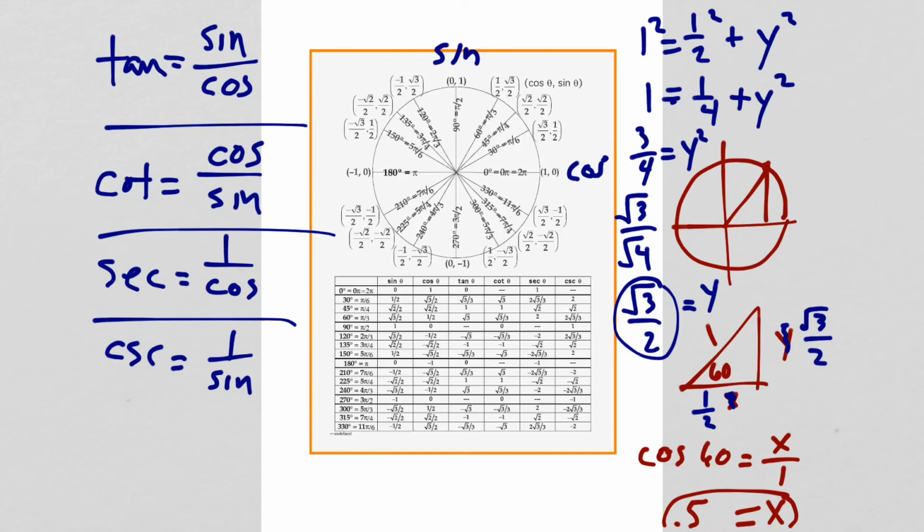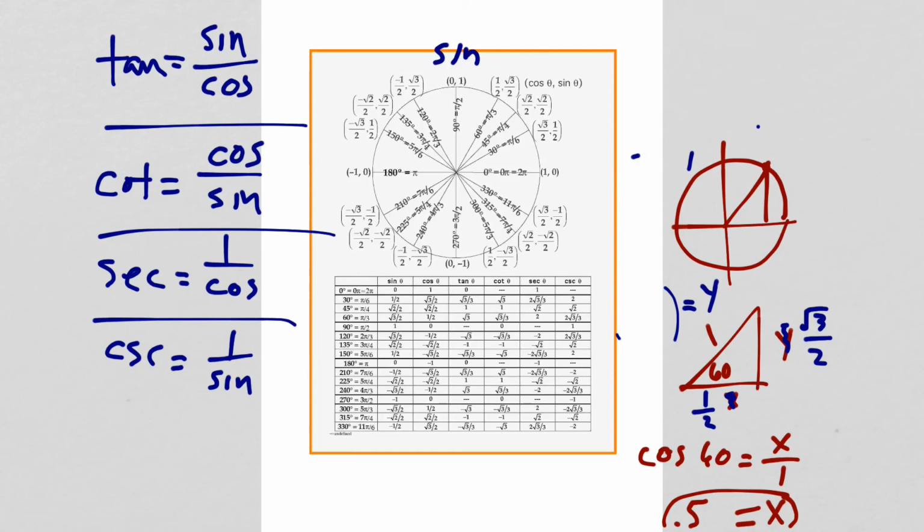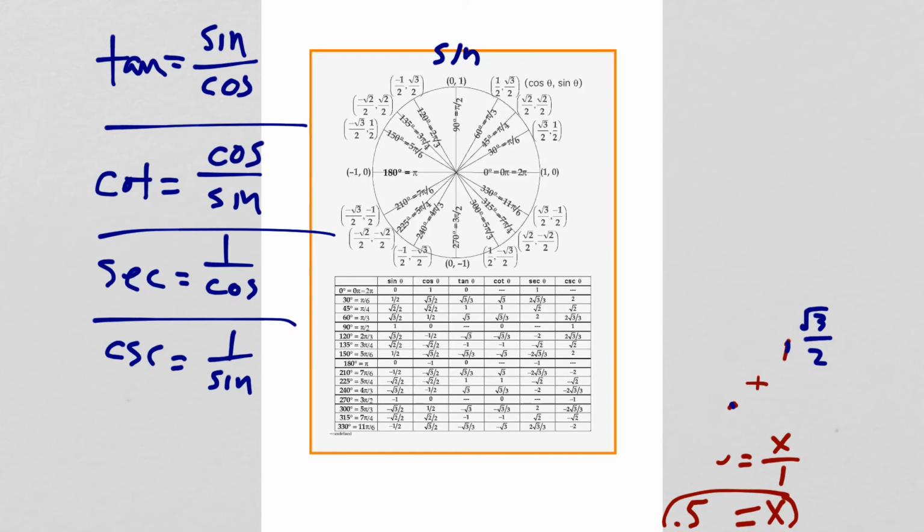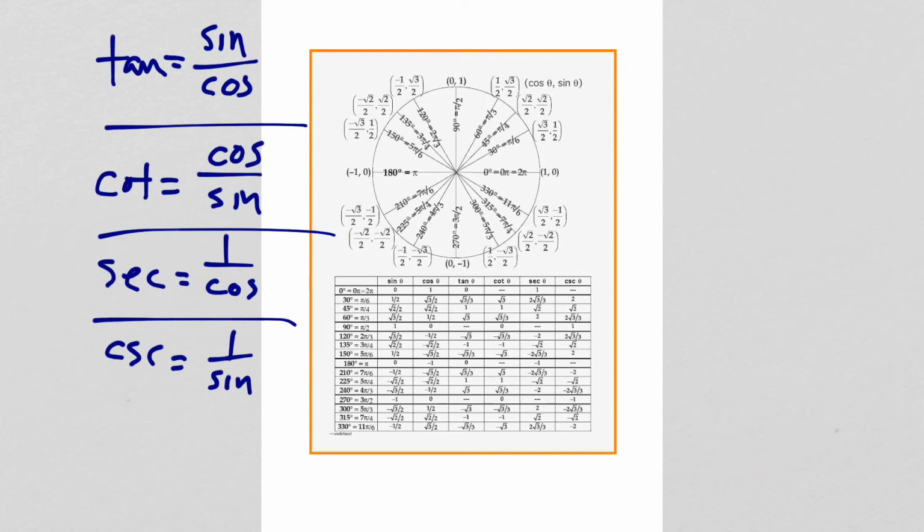So the assignment that you'll have will involve finding an exact value of different angle measures, whether you're given radians or you're given degrees. For an example, let's say we were finding the cosine of 315 degrees. Well, we want to find that exact value. So we go to the chart down to 315 degrees. We find the cosine column.